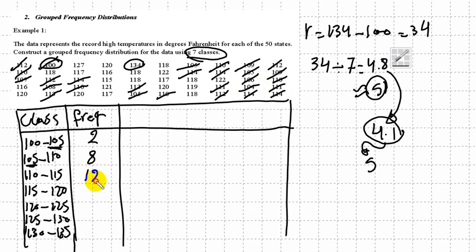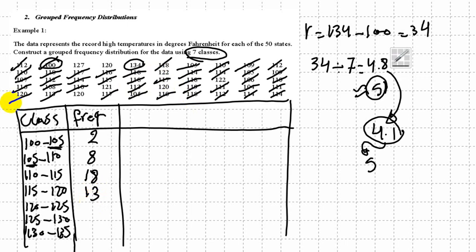So we have 18 elements here. From 115 to 120, we will count 115, 116, 117, 118, and 119. So this is 1, 2, 3, up to 13. We have 13 elements.